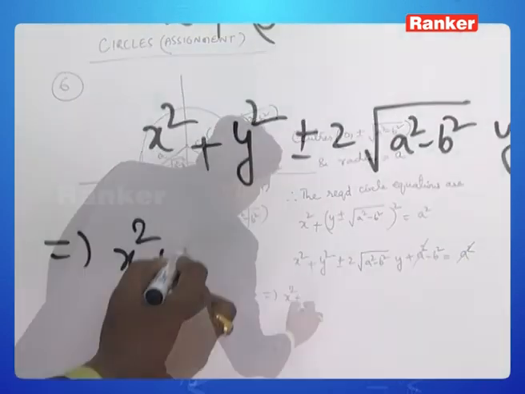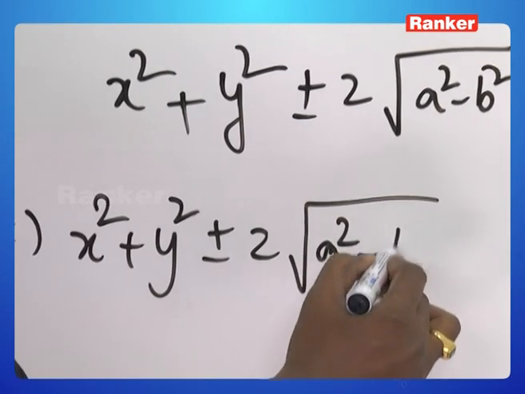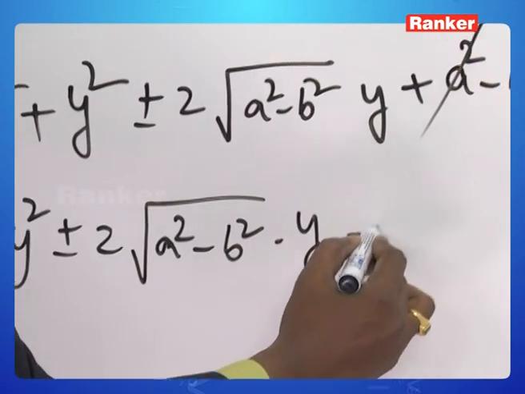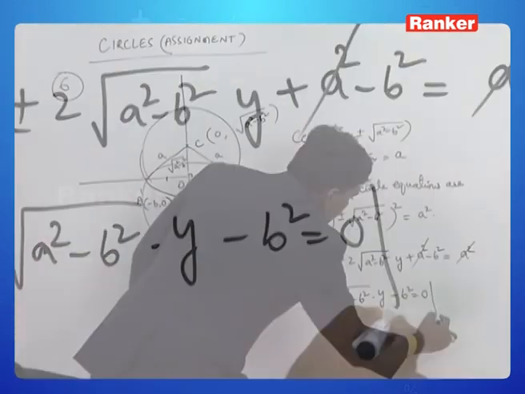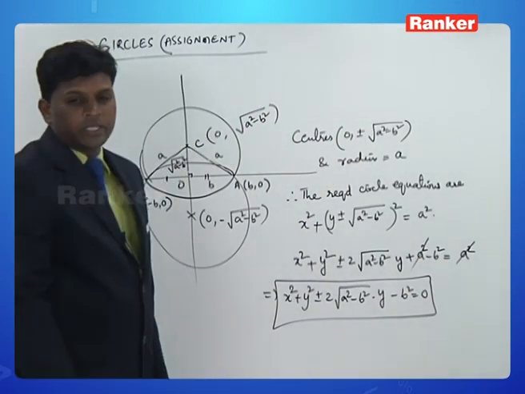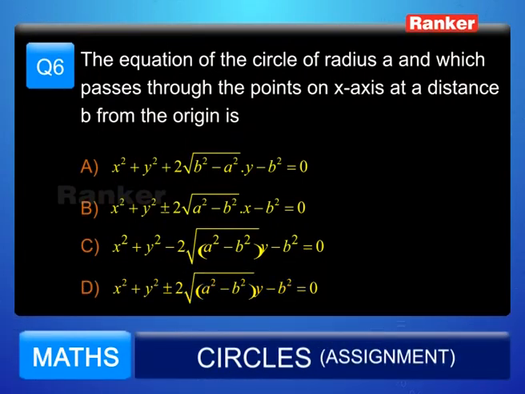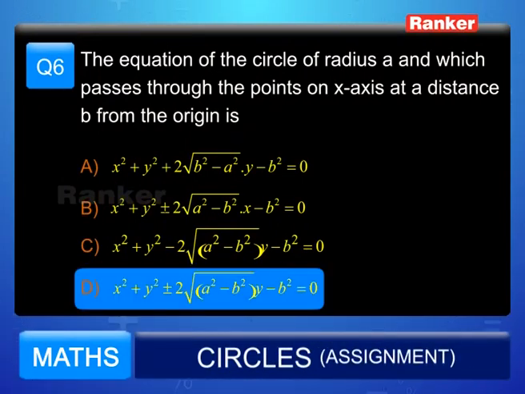Now x square plus y square plus or minus 2 root a square minus b square into y minus b square equals 0 will be the required circle equations. So according to the given options, clearly option D is the right answer to this question.